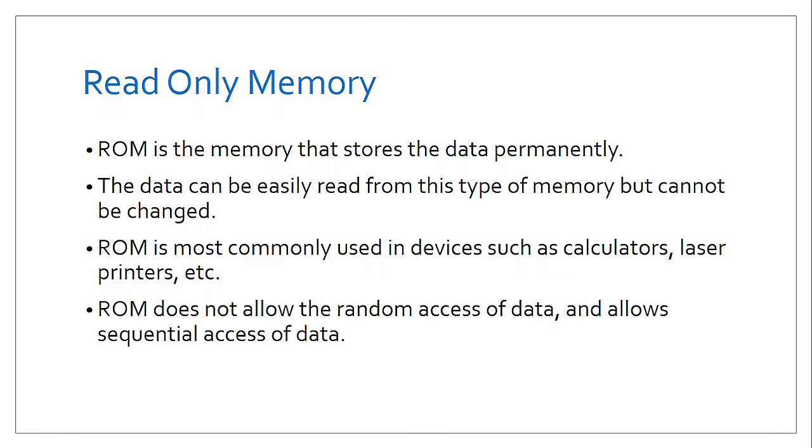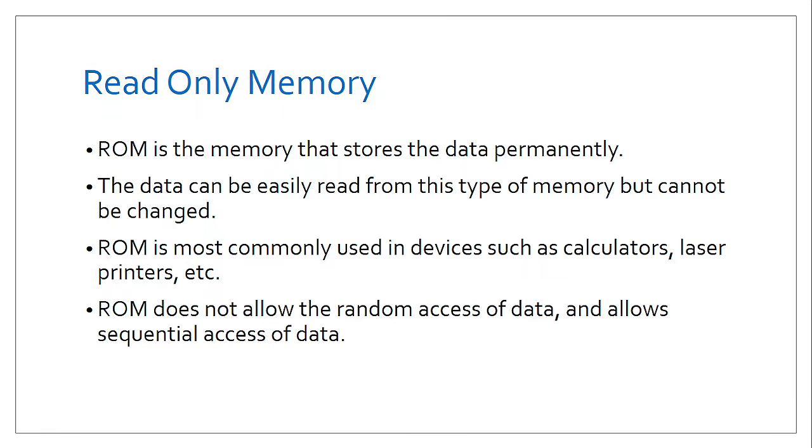When we mention the BIOS, or basic input-output system, this is an example of a read-only memory, which stores manufacturers' information. There are different devices that use ROM. We can also talk about ROM in terms of hard disks, flash disks, and so on.